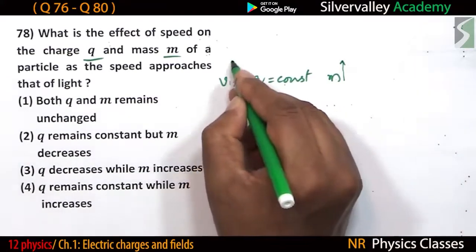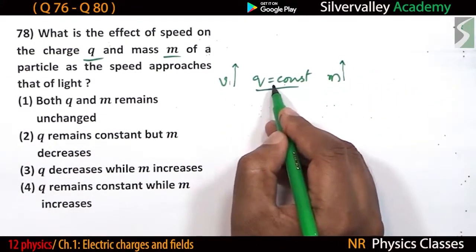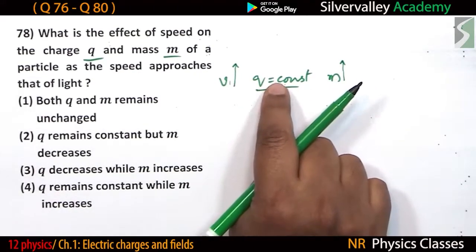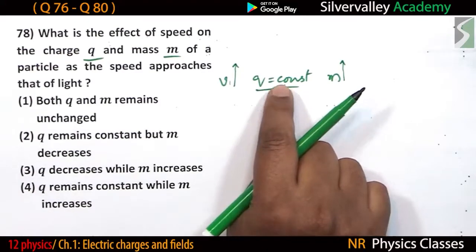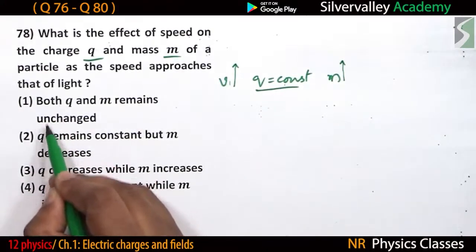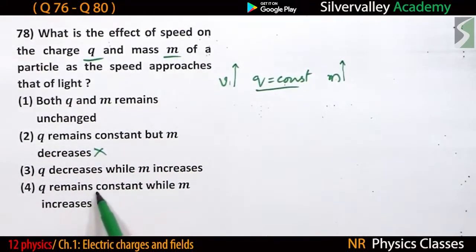Charge remains constant, and this is one of the properties of charge: charge is not affected by motion. So q is constant, m increases.